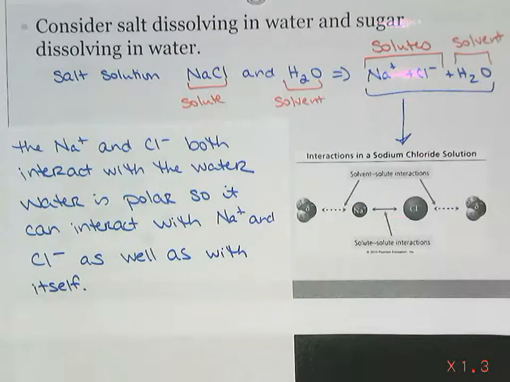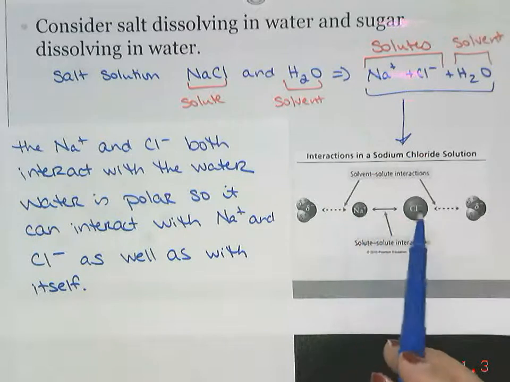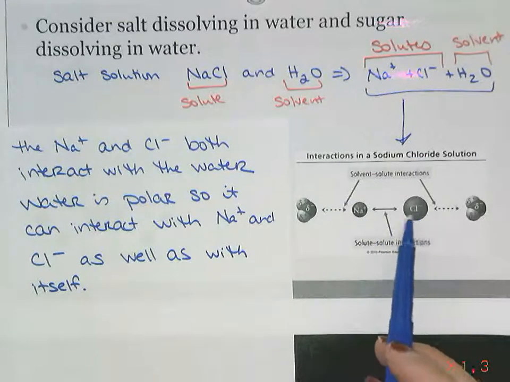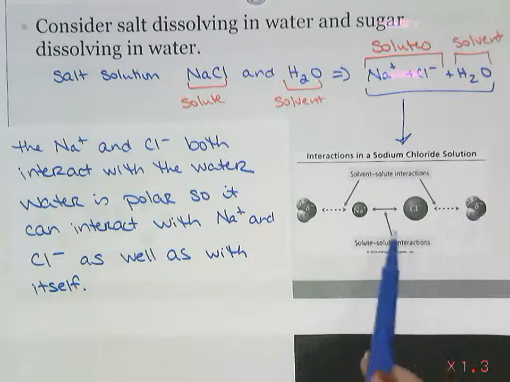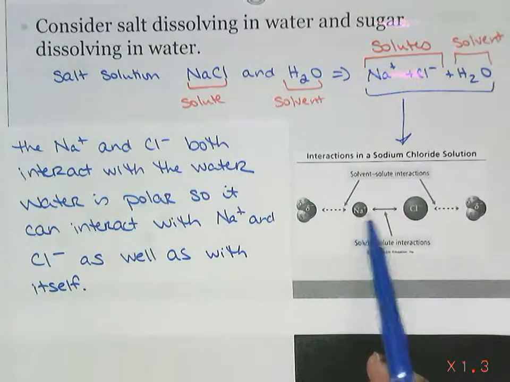All right, so now we're going to talk about the strength of the attraction. If I am looking at the sodium and the chloride in the water, and I know that in water sodium chloride breaks into two pieces, what is the stronger attraction? The sodium to the chloride, or the chloride to the water? If I know for sure they break into two halves, it has to be the chloride to the water, right?